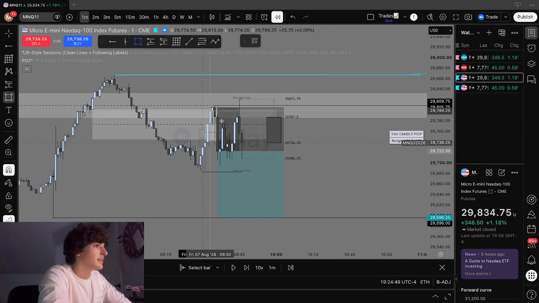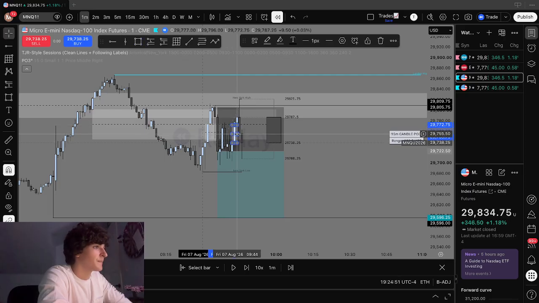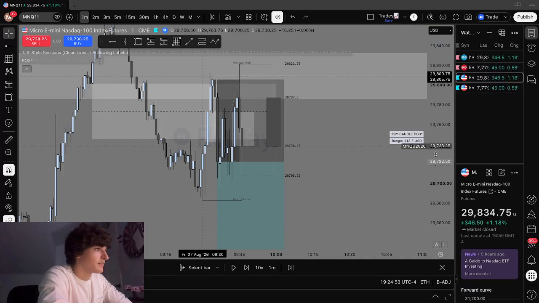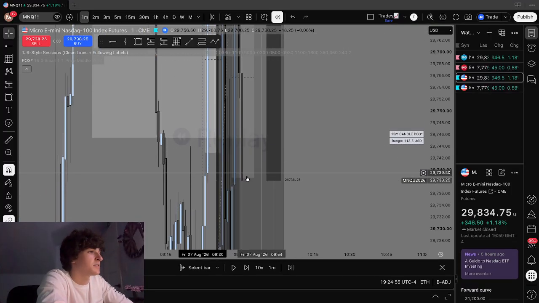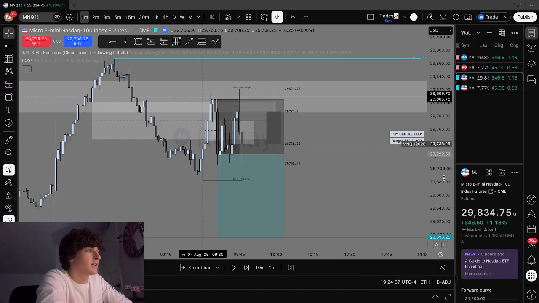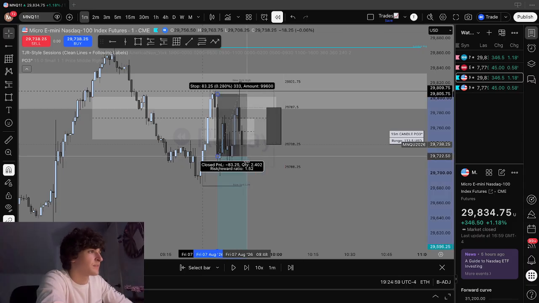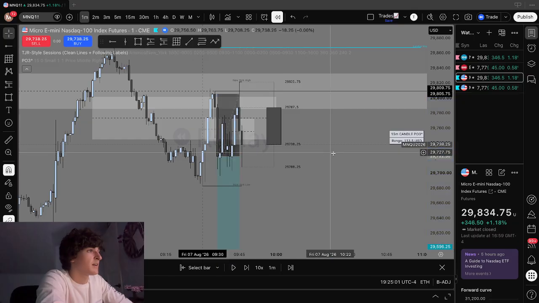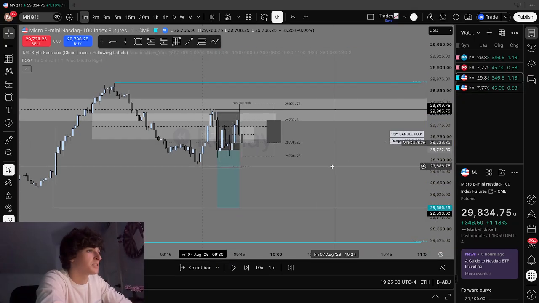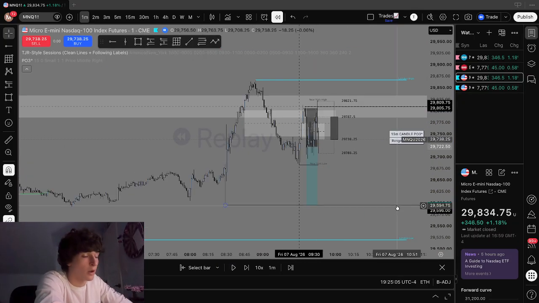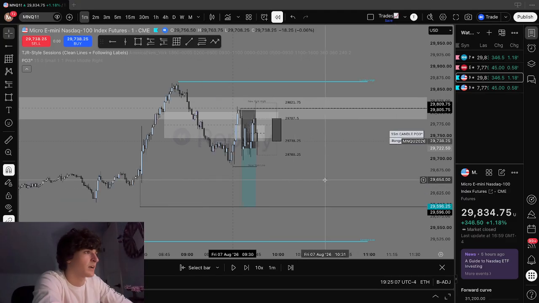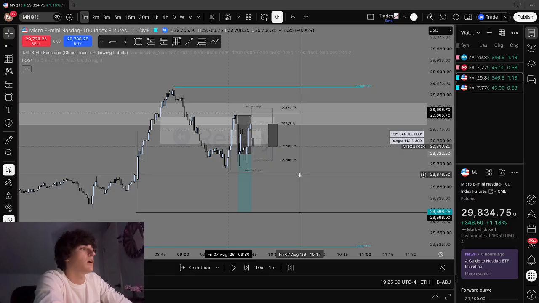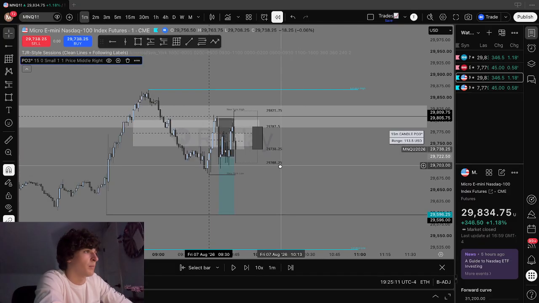And then I take my second trade at this inverse. It's very tiny, but I take it just because I feel like there's so much confluence that we could go lower, that I didn't think there was any reason for price to go higher.